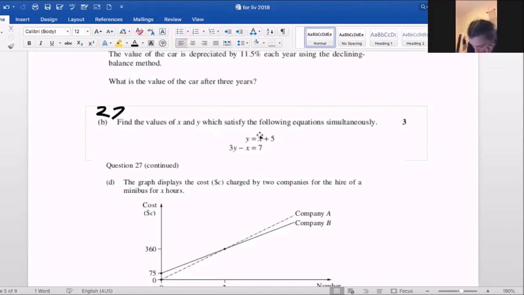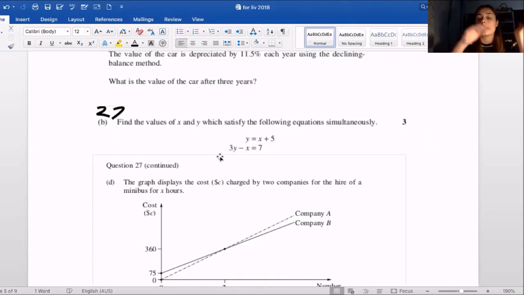Remember how we did that? But this one here, it already has y by itself. So you can sub the 3y, just make it 3 bracket x plus 5 bracket minus x, because the y is already alone. So it's easy just to sub the x plus 5 as y in here.